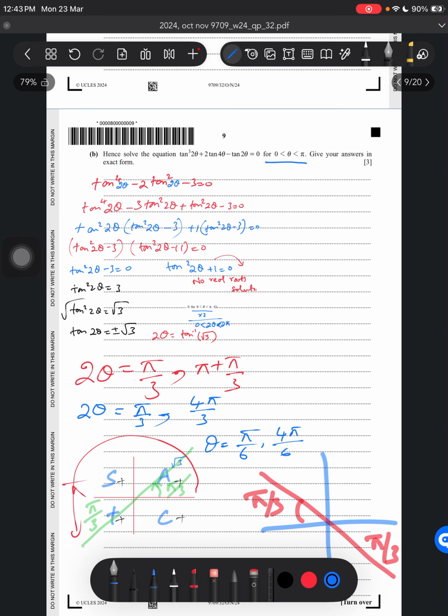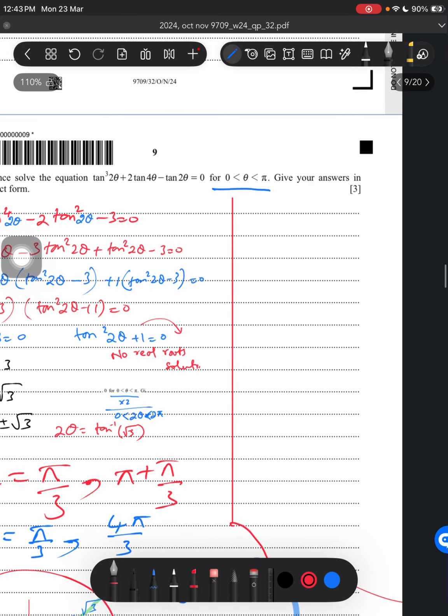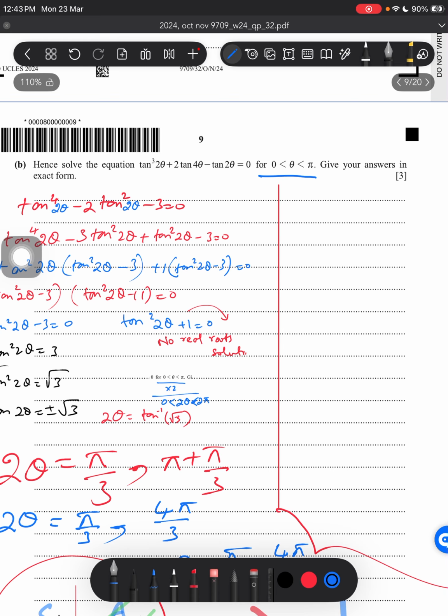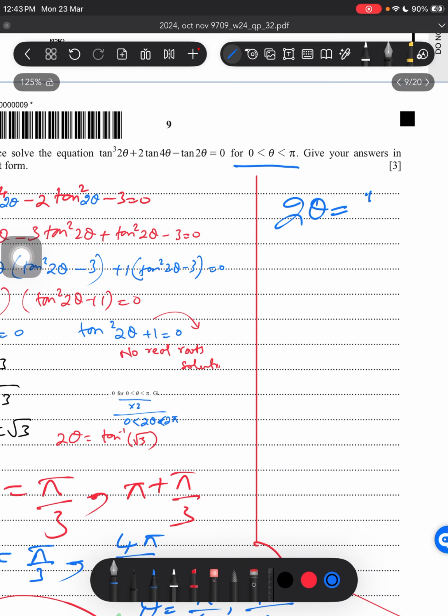So these would be the positive values, and for the other two values, I'll do the working here. We know that 2 theta would be tan inverse of negative root 3. It was negative, so the basic angle was the same, even though we had to take tan inverse of negative root 3, it would remain the same as we see.